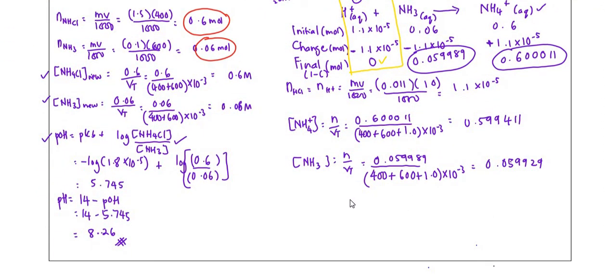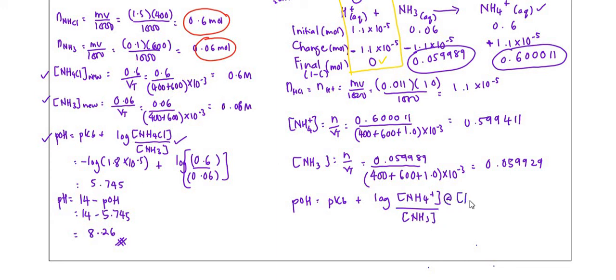Then we want to find the pH. Since this is a basic buffer, that means we have to use the Henderson-Hasselbalch equation. If we want to use the Henderson-Hasselbalch equation for a basic buffer, we have to use pOH, alright? pOH equals pKb plus log NH4+ over NH3.